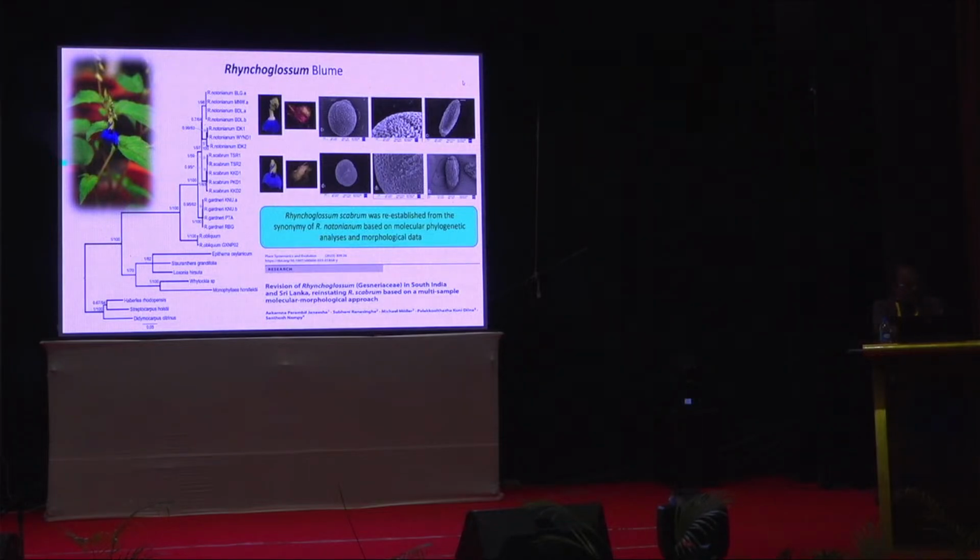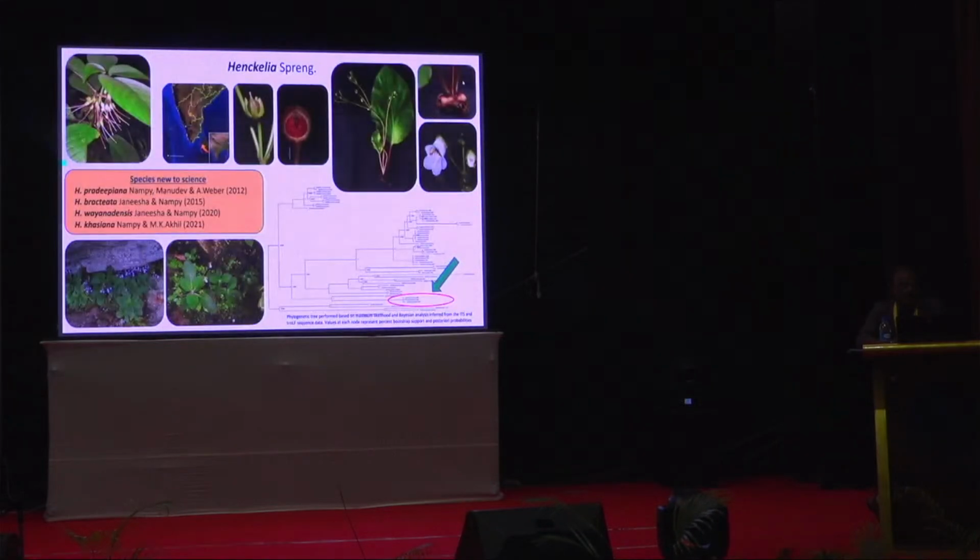We have data from morphology, molecular and micromorphological sides. Ultimately we reinstated Ringoglossum scabrum as a distinct species and published it in Plant Systematics and Evolution. This is another interesting genus, Tengilia, but I am focusing on a particular species called Tengilia prodiviana, which we described in 2012.